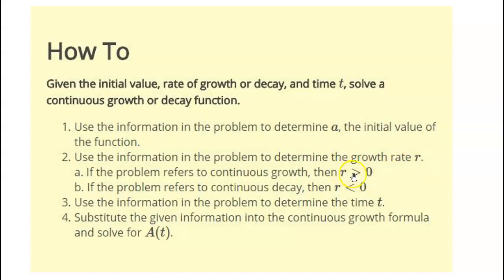If R is greater than 0, we know that to be a continuous growth problem, and if R is less than 0, that is a continuous decay. And then we will use the information in the problem to determine the time t, and then we will substitute it into the formula for A of t.